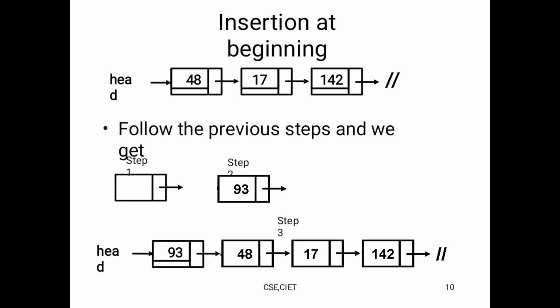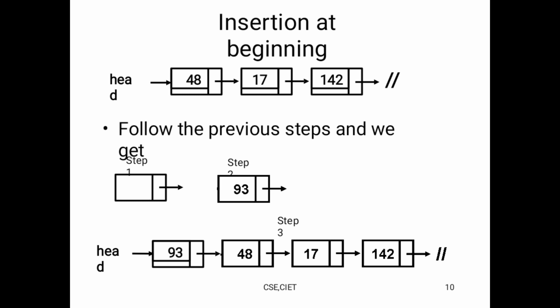Here I want to insert the element 93. The first step is to take a free node, and in that free node I insert the new element 93, at the beginning, or header.